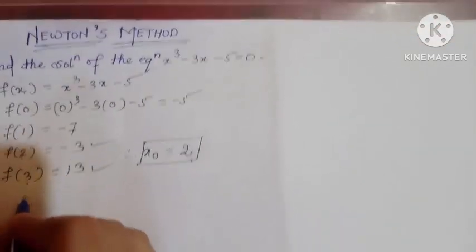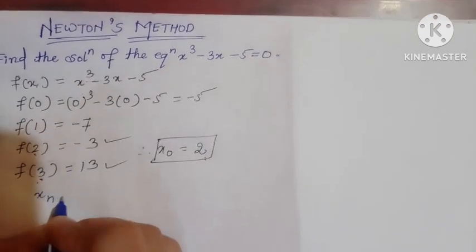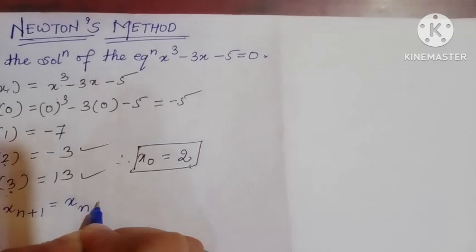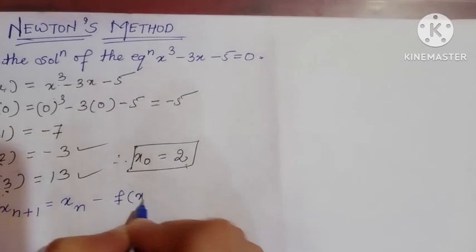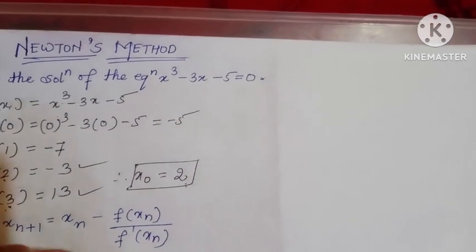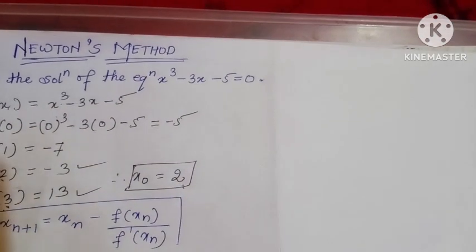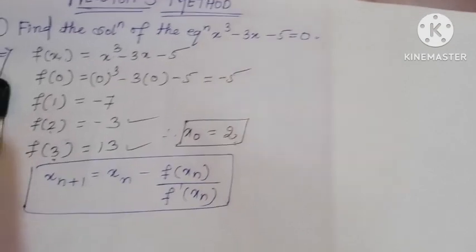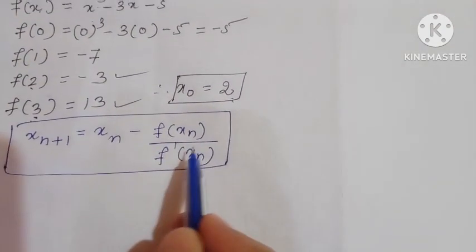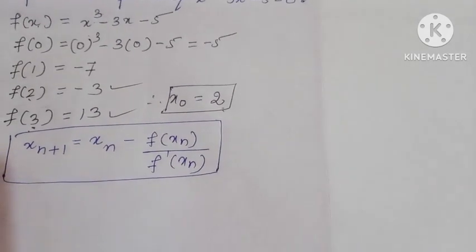So now the formula is x(n+1) equal to xn minus f(xn) by f dash (xn). This is the formula for Newton's method. x(n+1) equal to xn minus f(xn) by f dash (xn).